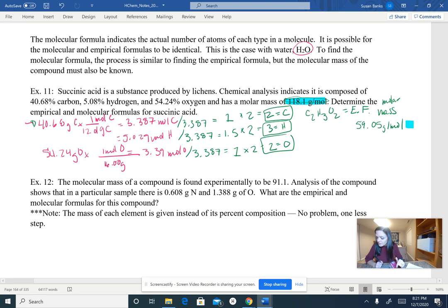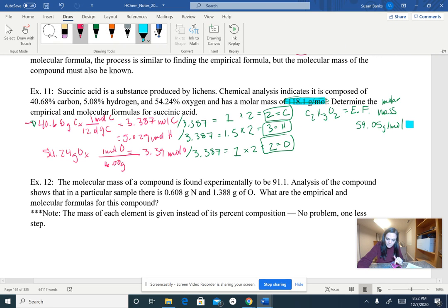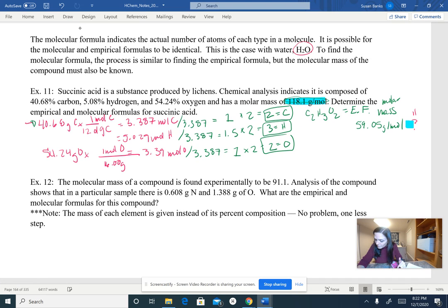No, it does not. So the next step is we have to figure out how many empirical units are in 1 mole. So I'm going to take my molar mass and divide it by my empirical mass, and I'm going to see the whole number ratio there.